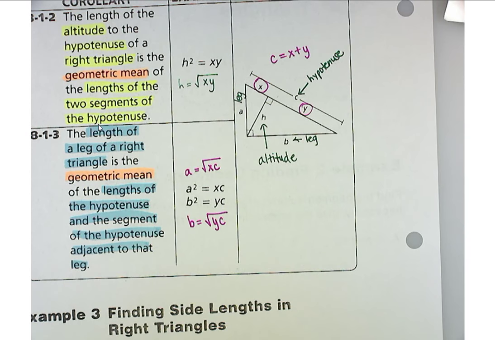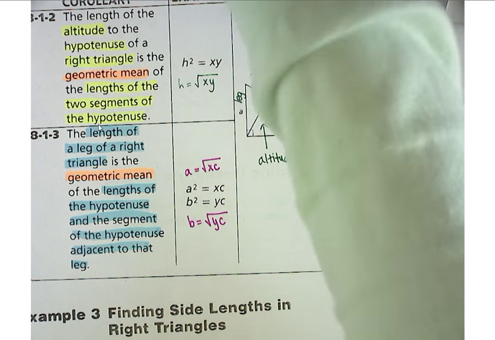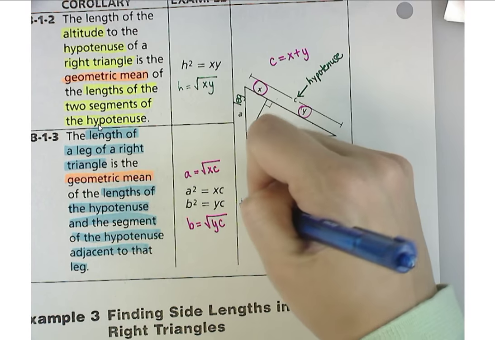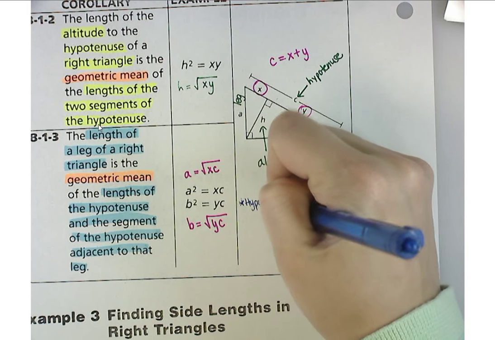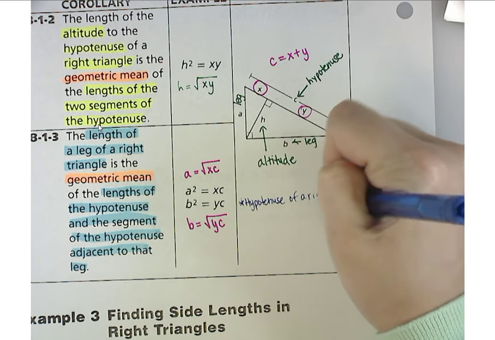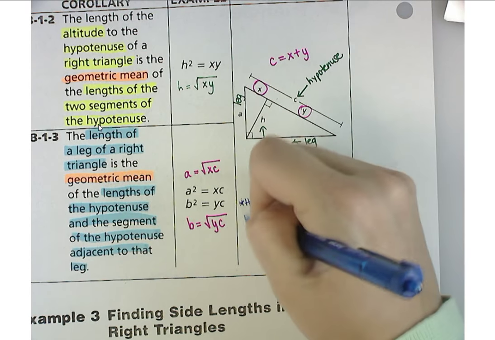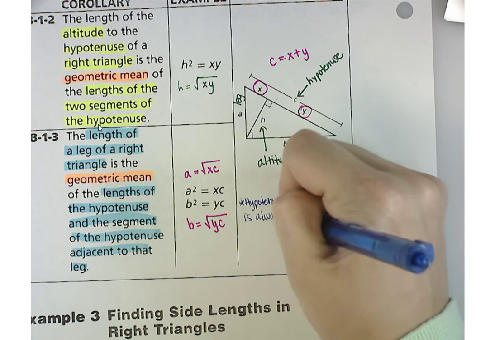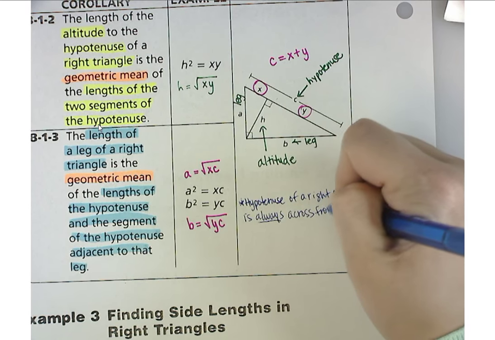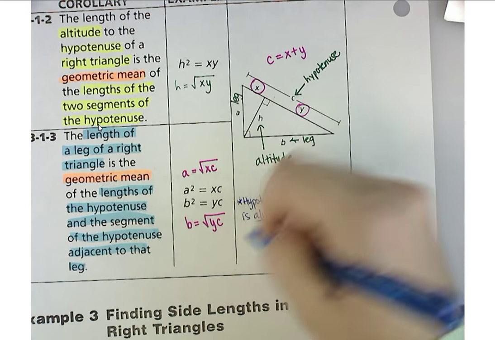There are lots of different ways that you can see this right triangle. So a couple things to keep in mind is that the hypotenuse of a right triangle is always across from its right angle.